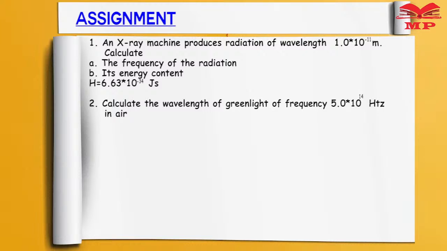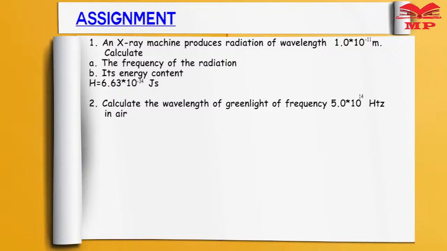Calculate, one, the frequency of the radiation, and two, its energy content.